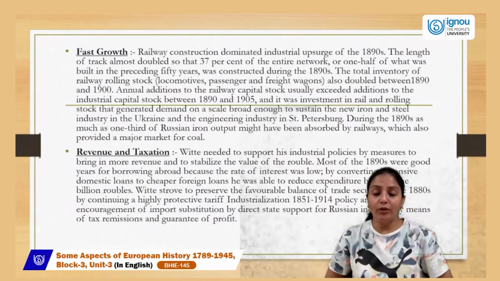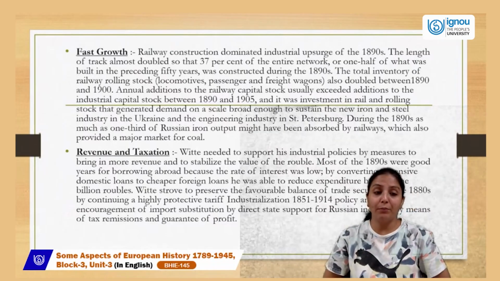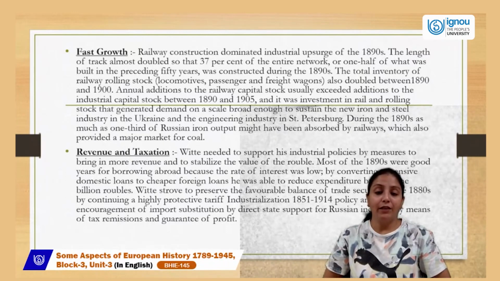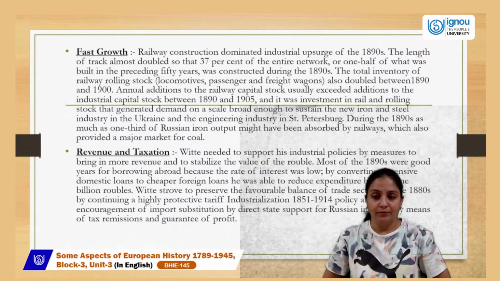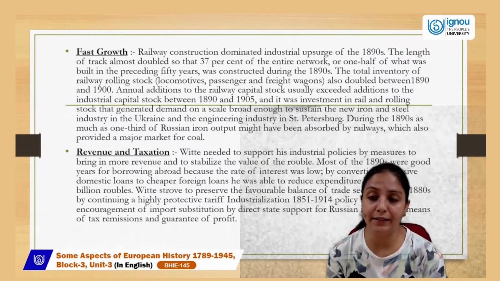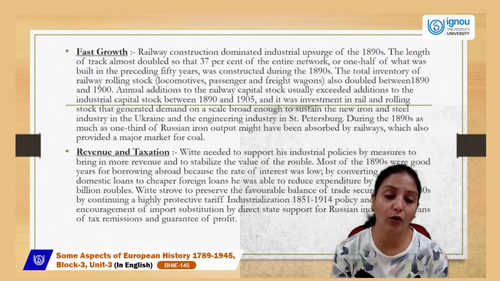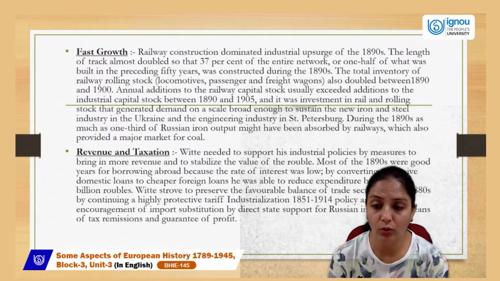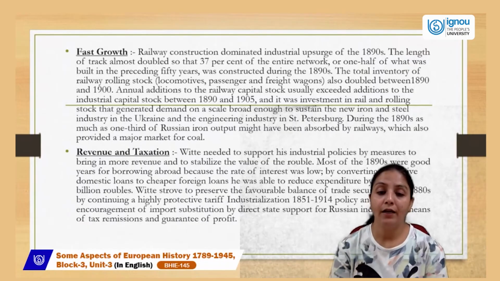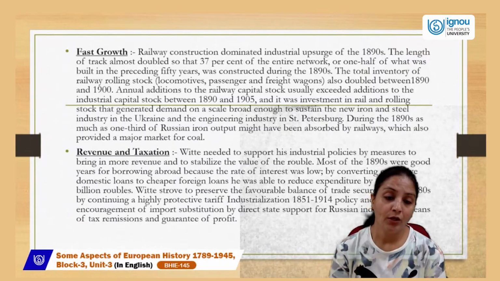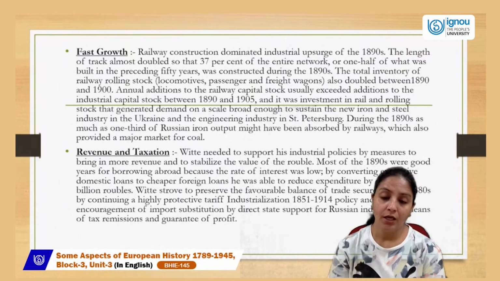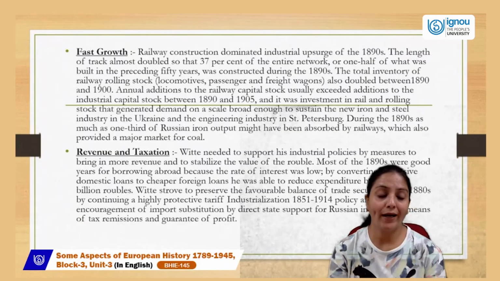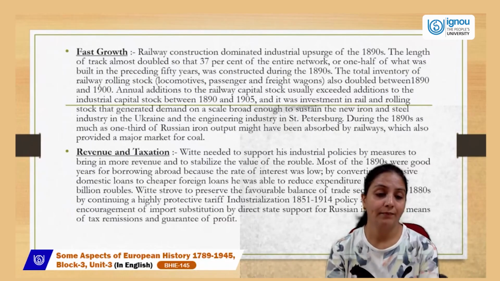Witte needed to support his industrial policies by measures to bring in more revenue and to stabilize the value of the ruble. Most of the 1890s were good years for borrowing abroad because the rate of interest was low. By converting expensive domestic loans to cheaper foreign loans, he was able to reduce expenditure by over 1 billion rubles.